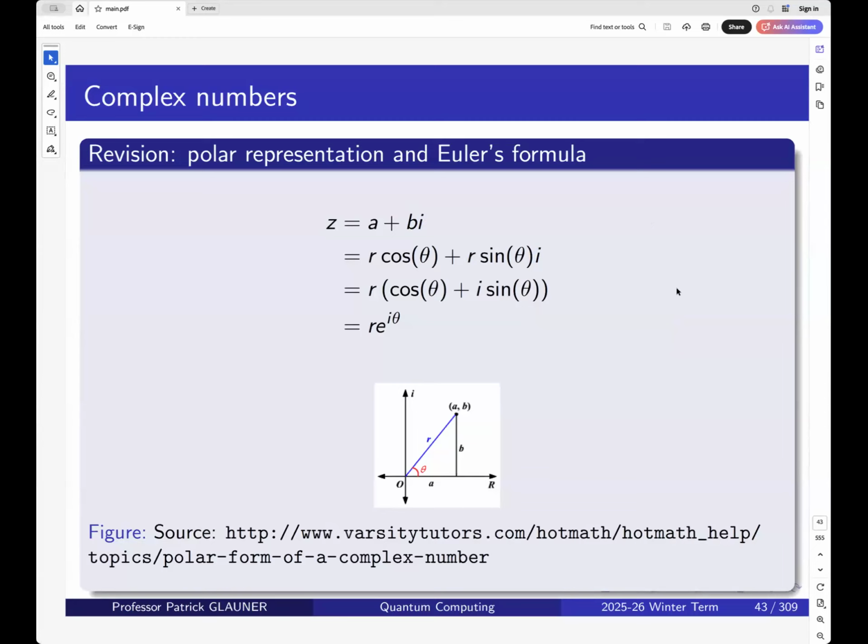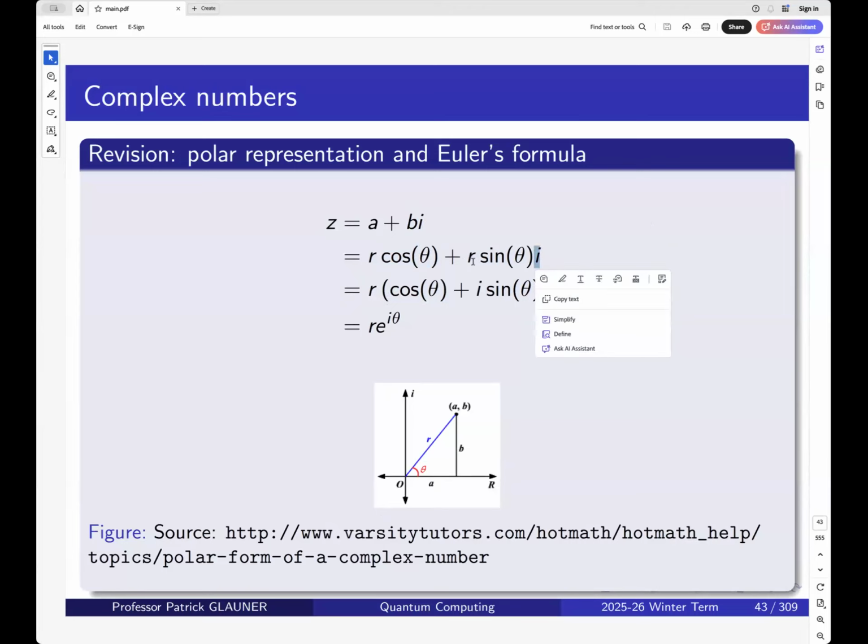And now we see that this component, as well as the next component, they both have this factor r, which is the length of this vector. We can just move this r out and say r times, and then in parentheses, our cosine theta plus i times sine of theta.